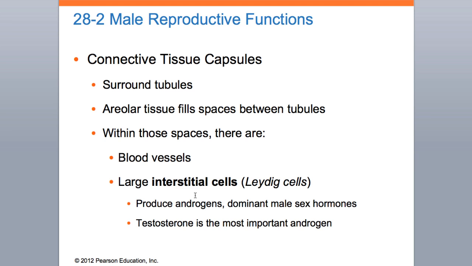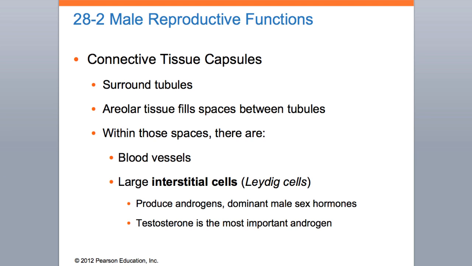So outside of your tubule system, you have the interstitial cells, which are the Leydig cells. Now look what they do. They produce the androgens, especially testosterone. So the interstitial cells or the Leydig cells will produce testosterone in the testes, between the tubes or around the tubes.